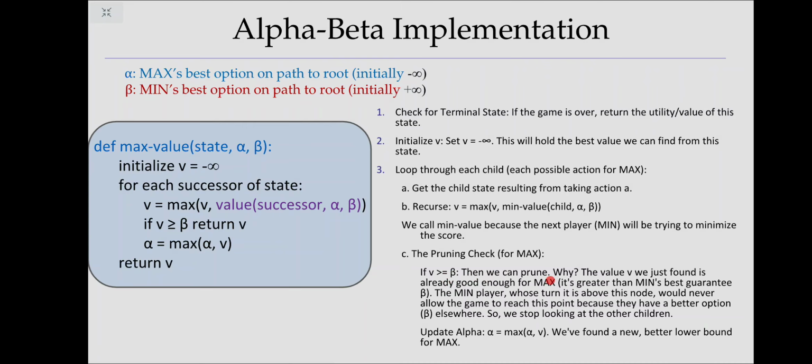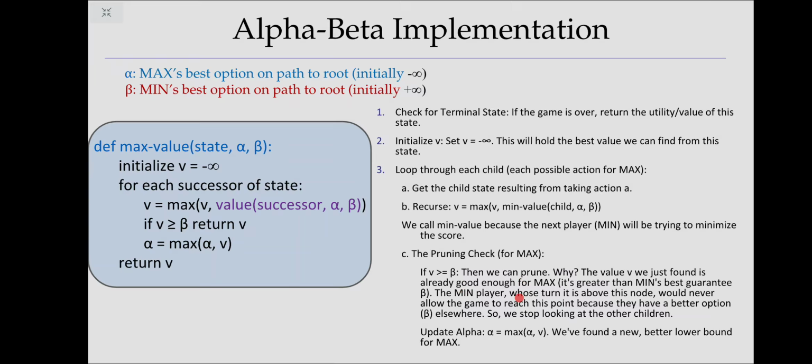we can prune the node. The value of v just found is already greater than the accessible beta for the min player.